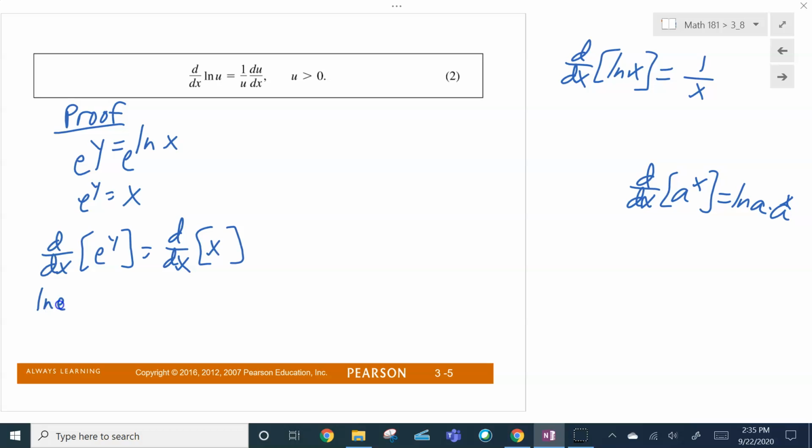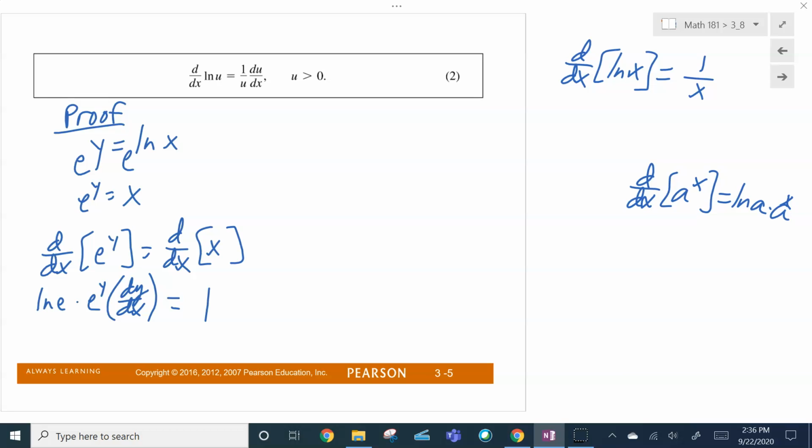So that's ln of e times e to the y, but then it's chain rule on that y. The derivative of y is 1 dy dx. Over here, the variables agree. That's implicit differentiation on that left-hand side. Now we know the natural log of e is 1, so that's just 1.